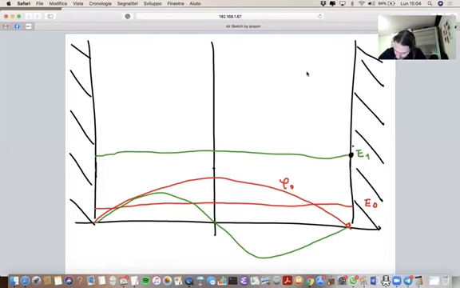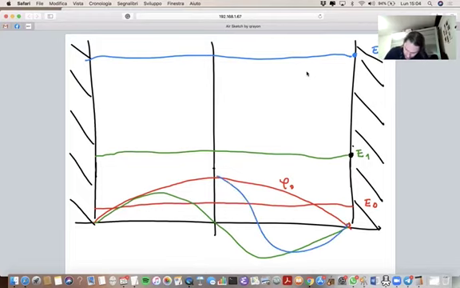The third energy, which I'll draw here, is 9 times as large, and the corresponding function is going to be a cosine drawn more or less like this. And the more you go up, you could continue forever building more and more functions and eigenstates from the equations we derived.